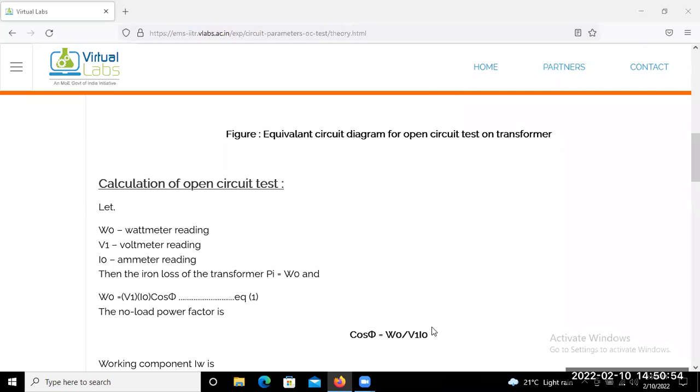Okay, so you will find this notation in some standard books, that means IE, the exciting current. If you put the wattmeter reading, voltmeter reading and ammeter reading in this equation, then you are able to find the no load power factor.